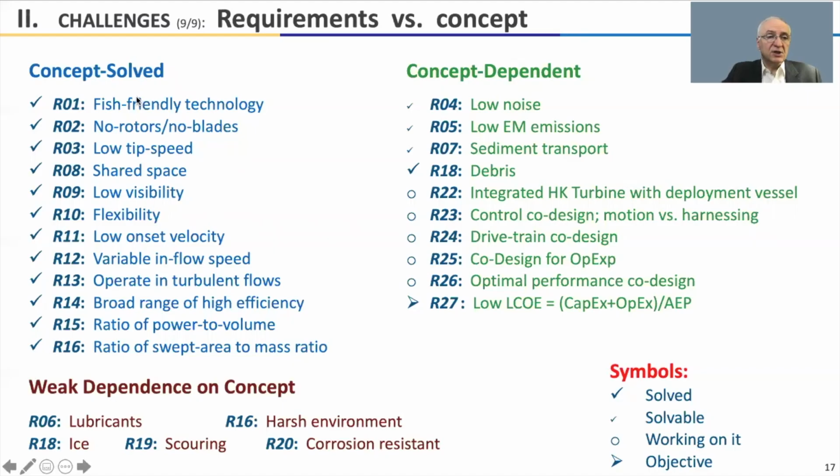And as you can see here, fish friendliness is the top one that we have resolved. No rotors, no blades, low tip speed, and so on. And all those we will discuss after the technical section in this presentation.